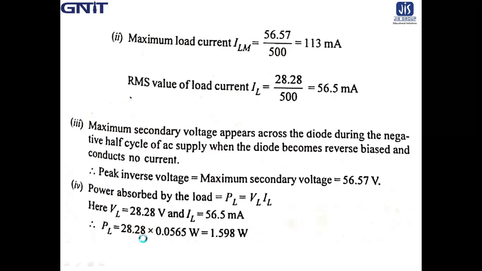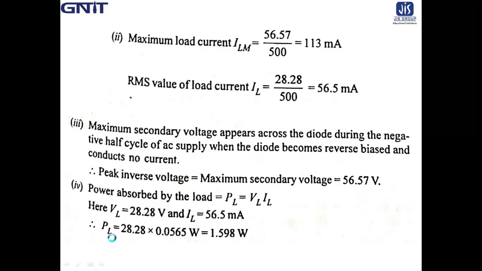Next is the power absorbed by the load. PL is equal to VL into IL. There VL is equal to 28.28, which we already determined, and IL is equal to 56.5 milliampere.